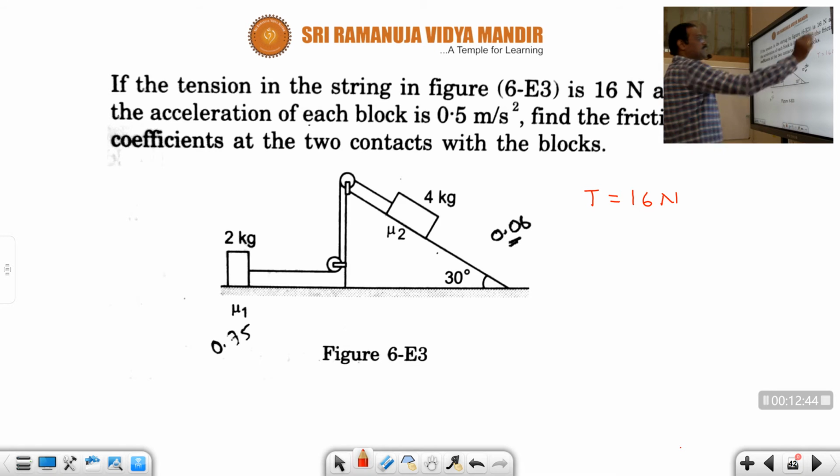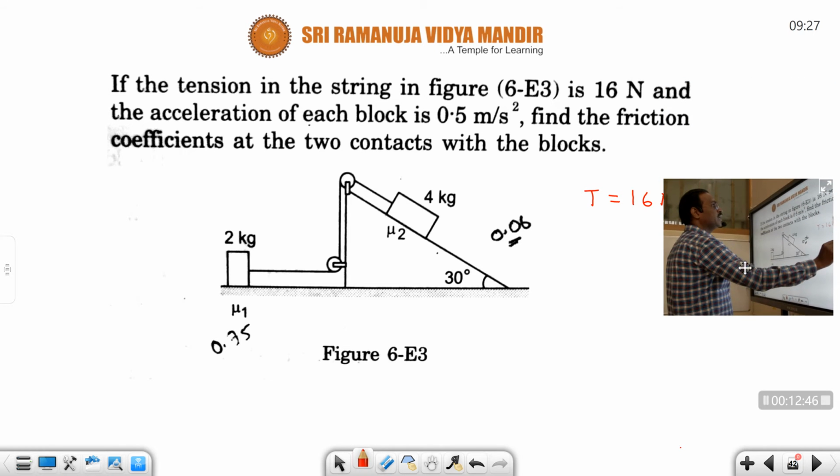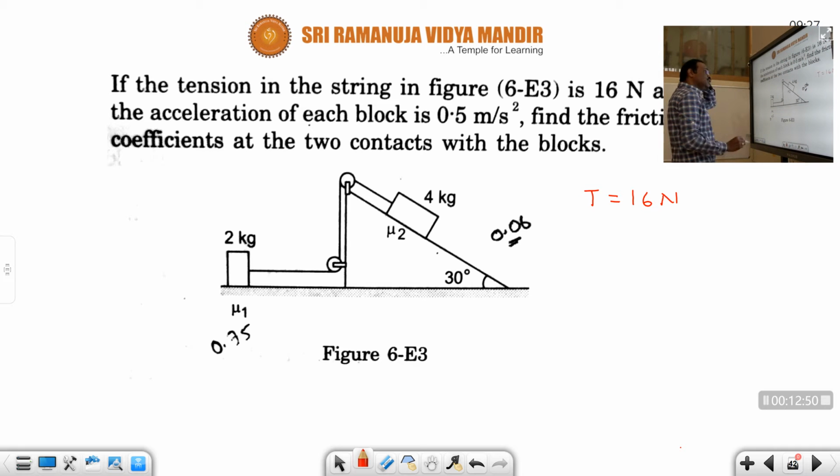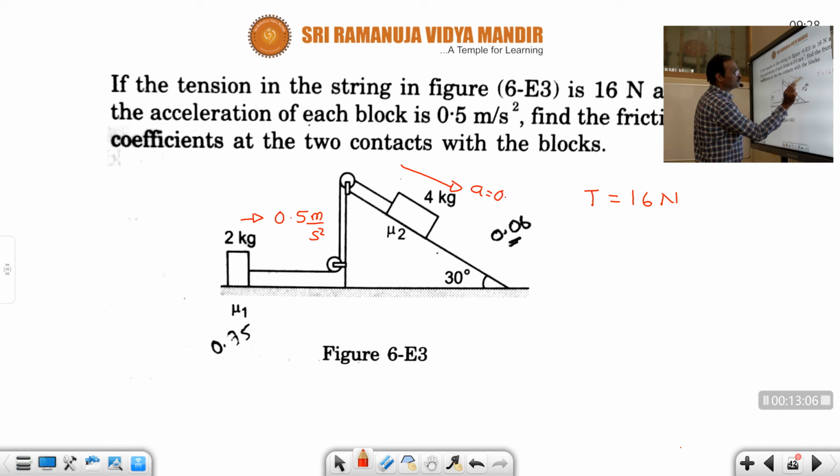Then what is the acceleration? The acceleration of each block, because the string is inextensible, is 0.5 meter per second square. This block also goes down with an acceleration a is equal to 0.5 meter per second square.